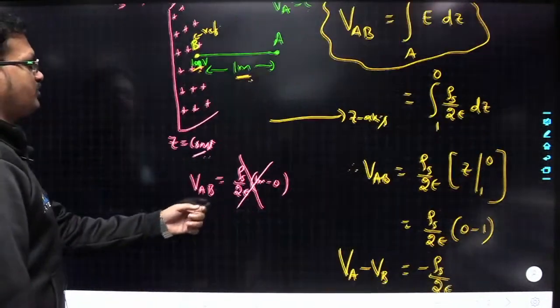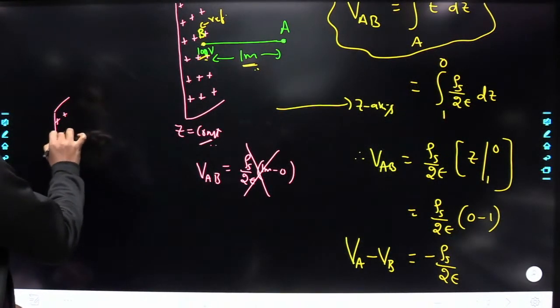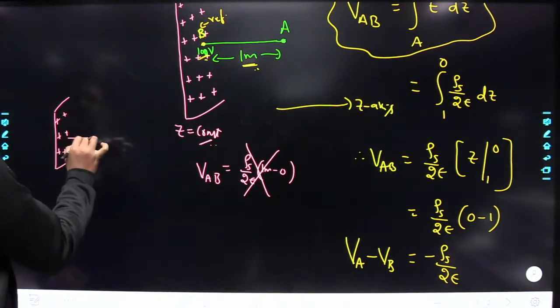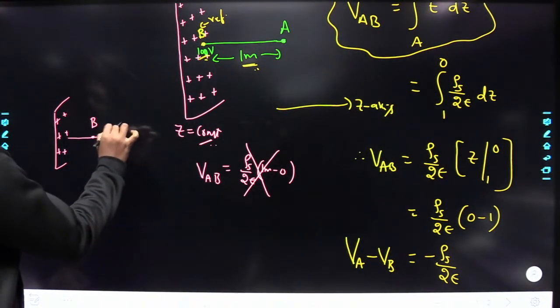Right. So in the previous case, check the formula here, what we got. We considered some point B here and some point A here.